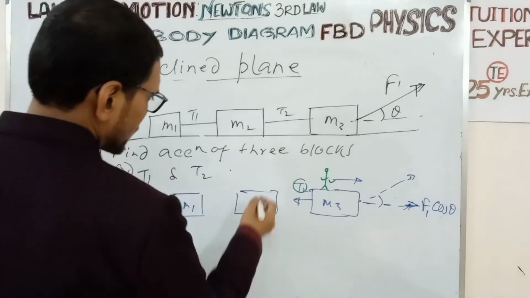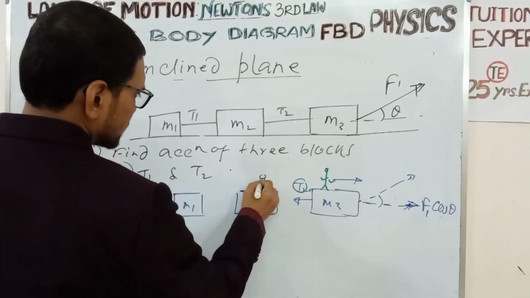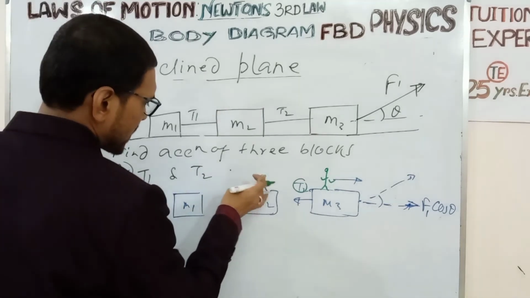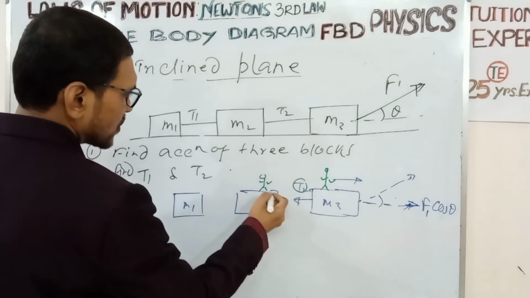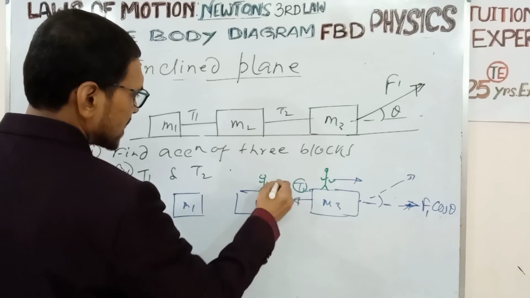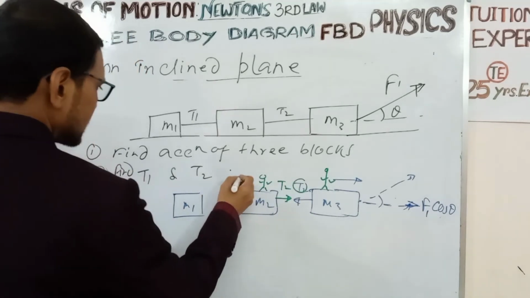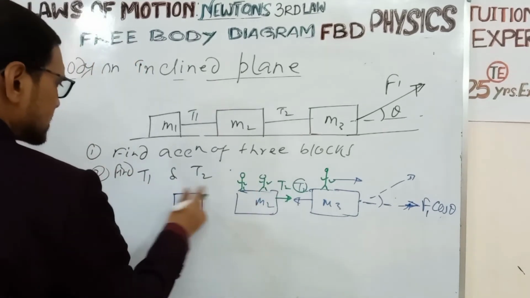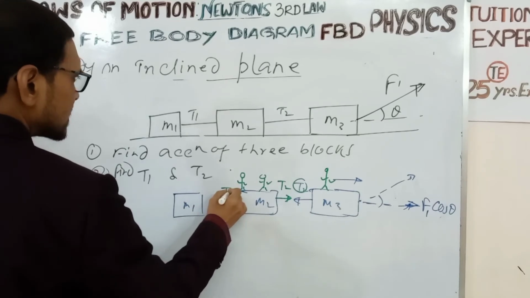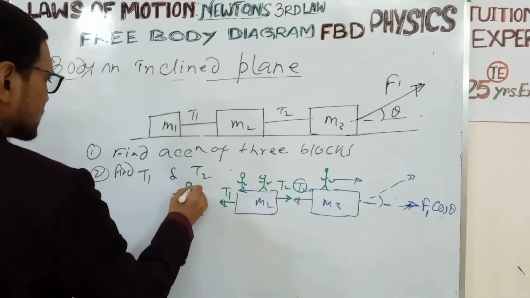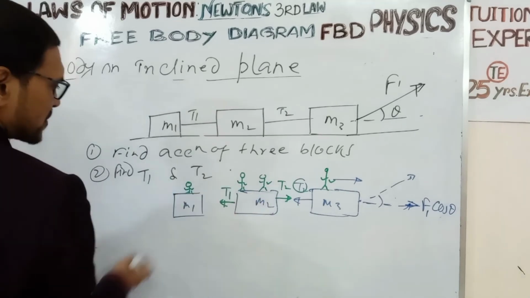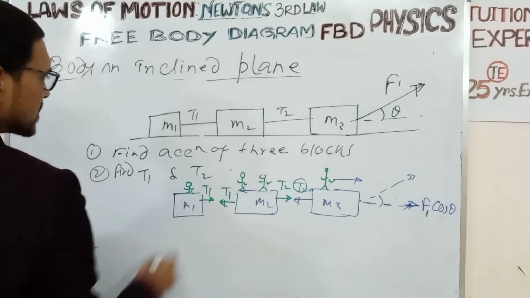Here if a man is present and observes M3, then what is in front is here, so here the tension is T2. Again here if a person observes this, this will be the front, so this is the tension T1.